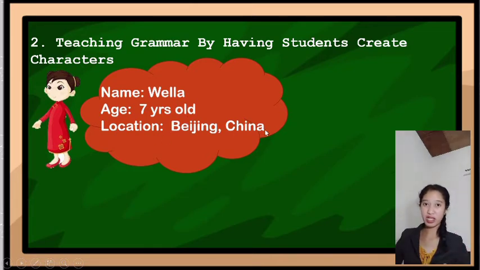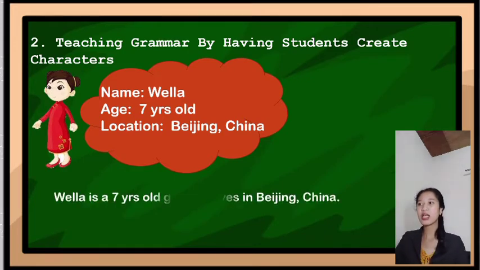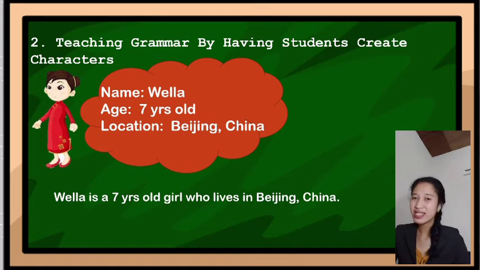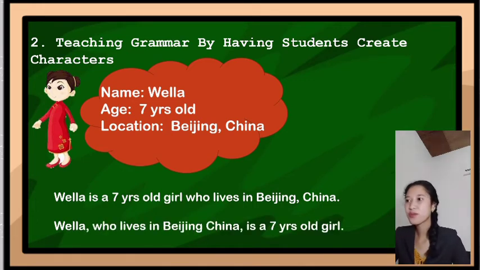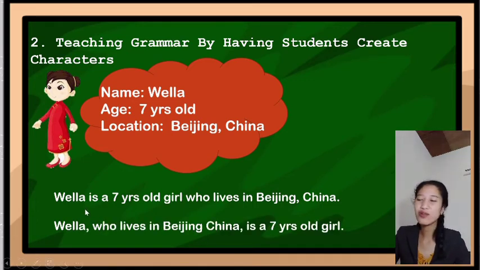From the physical appearance itself, it is really from China. And with that information, let them construct sentences regarding the character and its information. And here are my sentences that I constructed. Here, let's read together. Wella is a 7-year-old girl who lives in Beijing, China.